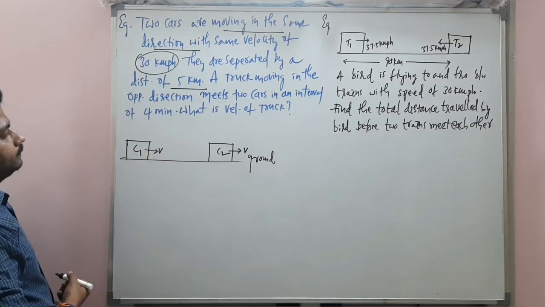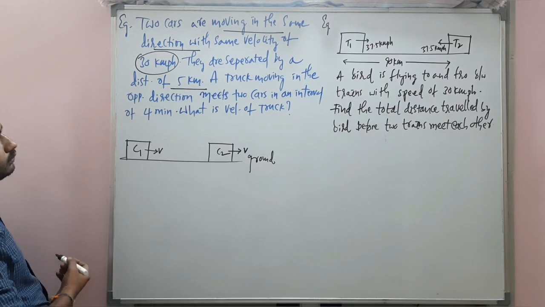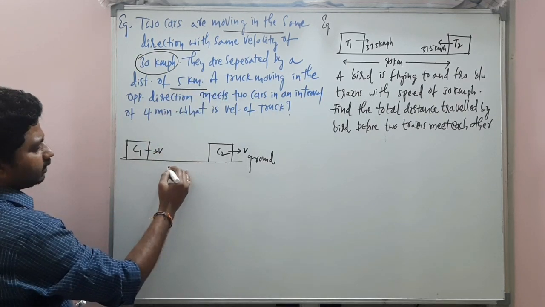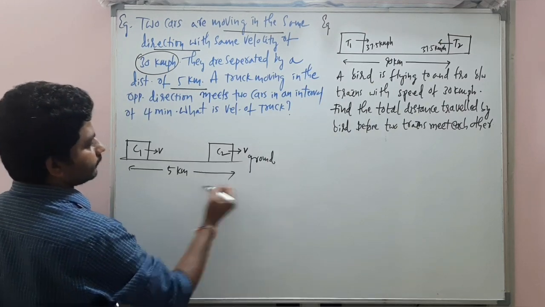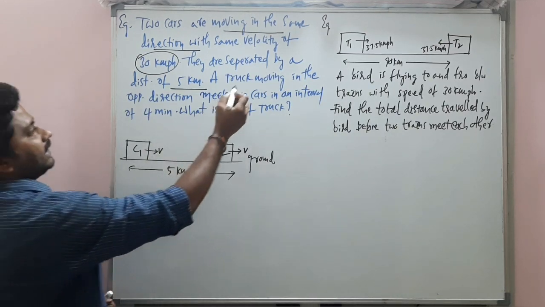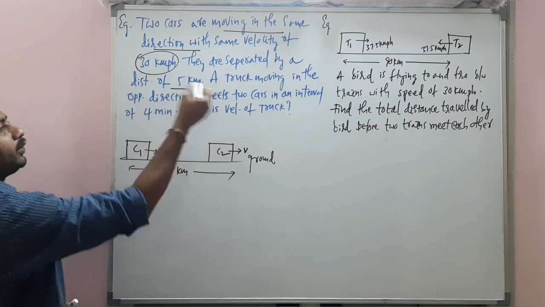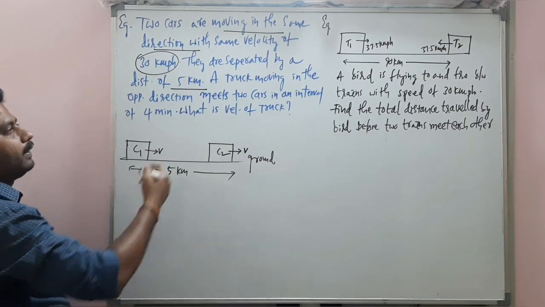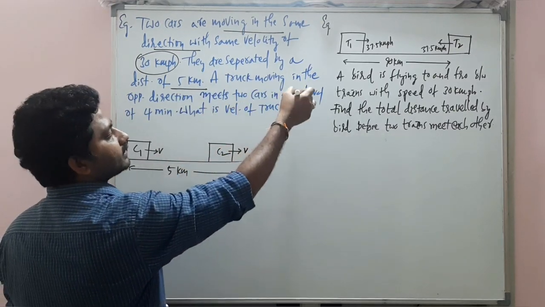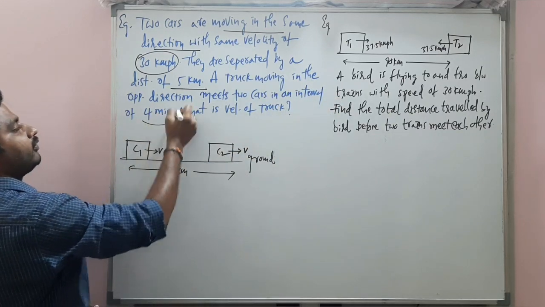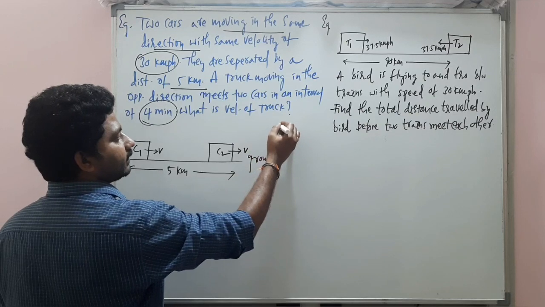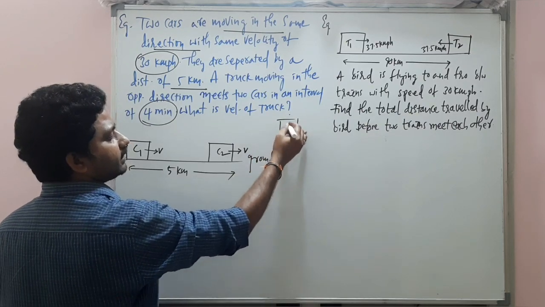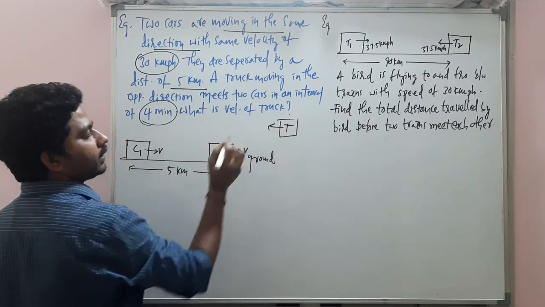Now, they are separated by 5 kilometers. A truck is moving in the opposite direction, and meets the two cars in an interval of 4 minutes. What does it mean? There is a truck moving in this way.